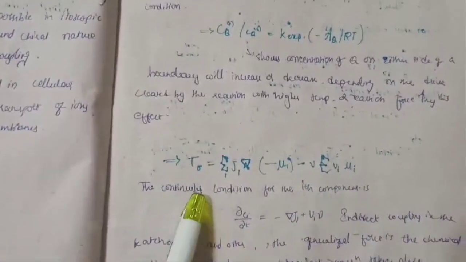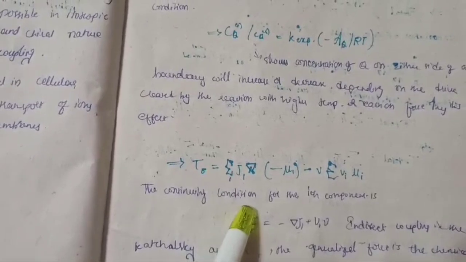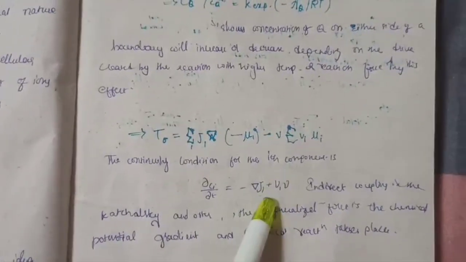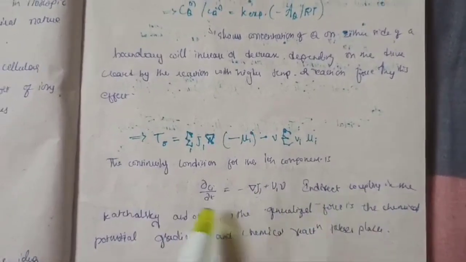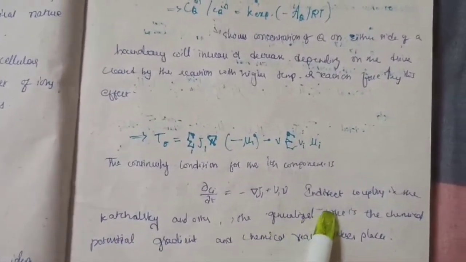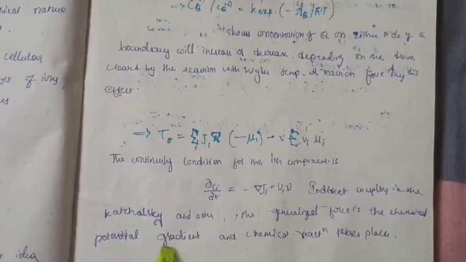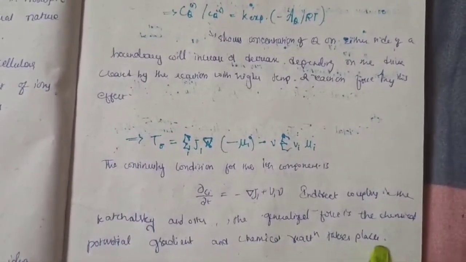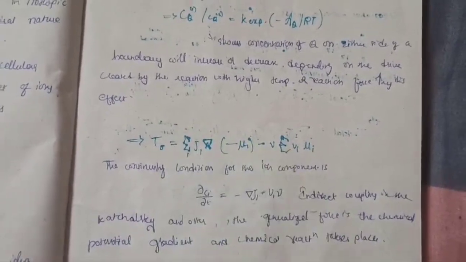The next equation shows indirect coupling, where the generalized force is the chemical potential gradient and a chemical reaction takes place.